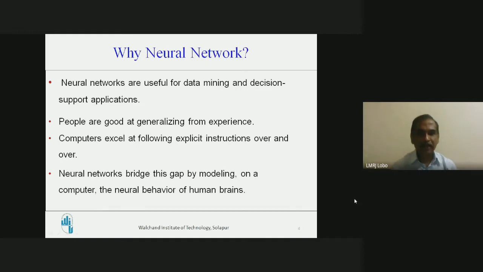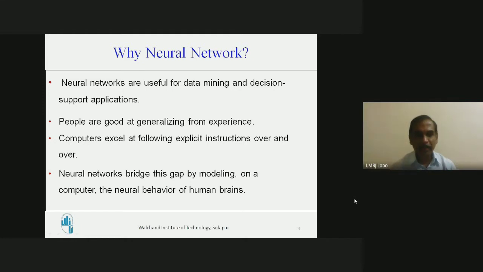Why do we need to understand neural networks? Because they are useful for data mining and decision support applications, and people are good at generalizing from experience. Computers excel at following explicit instructions over and over, which makes them do a repetitive task.